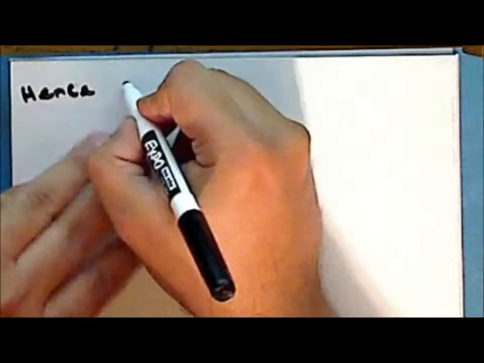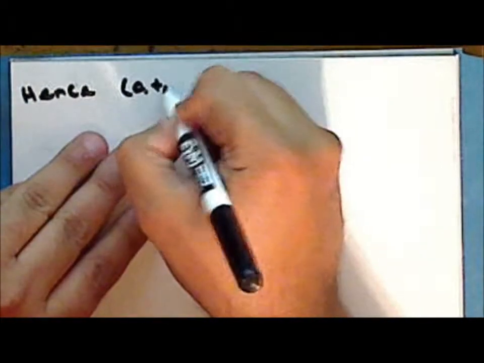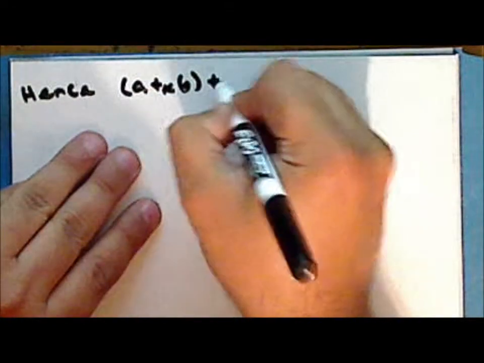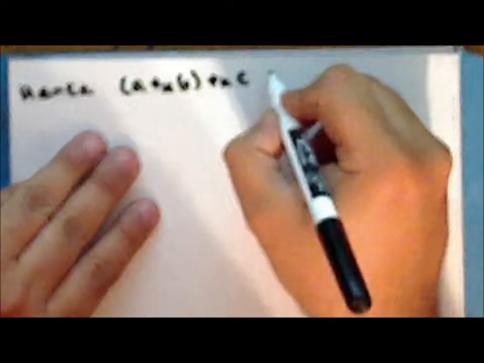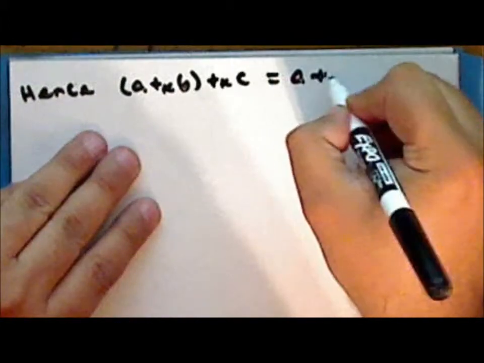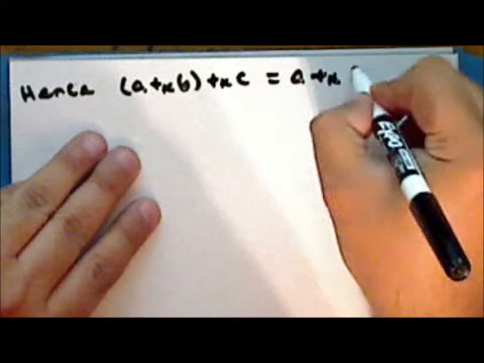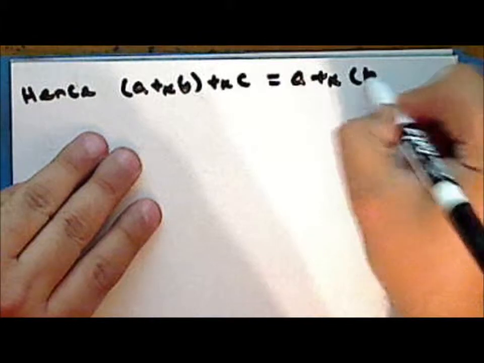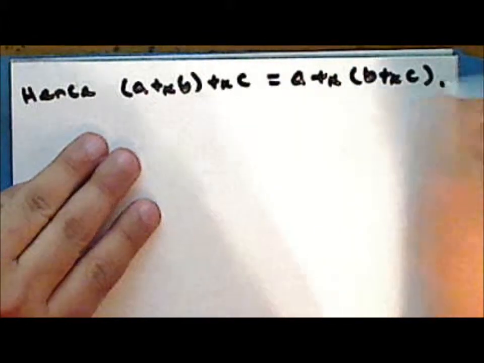And hence the sum of the quantity a plus b modulo k plus c modulo k is the same as a plus the quantity modulo k of b plus c modulo k.